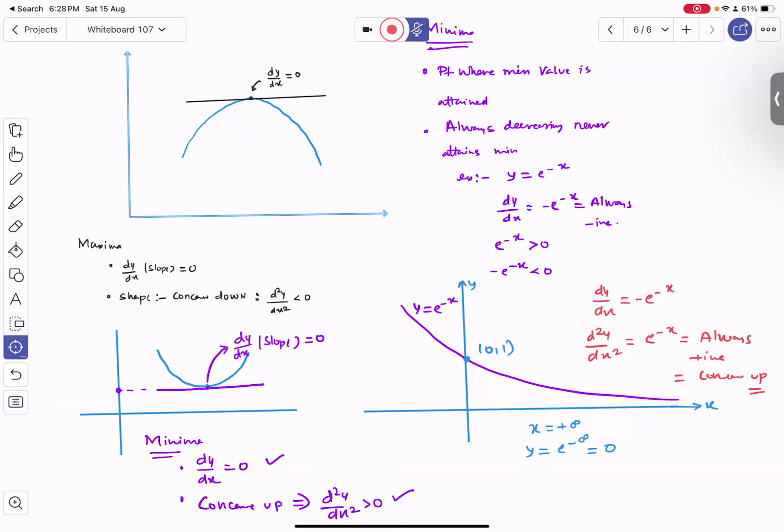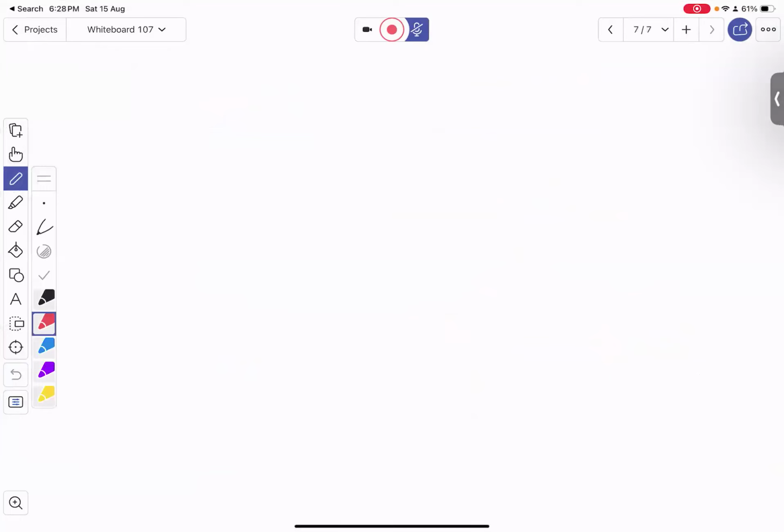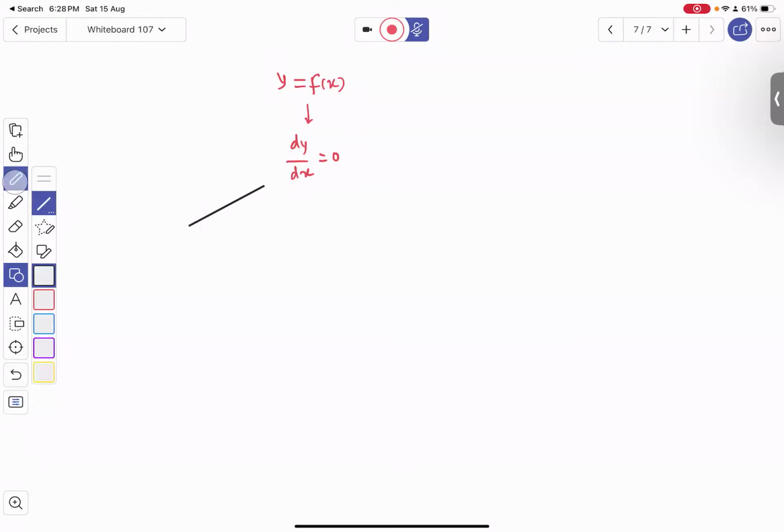Okay, so the algorithm goes like this. If I give you a function y, a function of x, you find dy by dx, which will be another function of x. Equate it to 0 to find the values of x where dy by dx is 0. If at a point where dy by dx is 0, the double differentiation is negative, it means the shape of the curve is concave down, meaning it is a point of maxima.